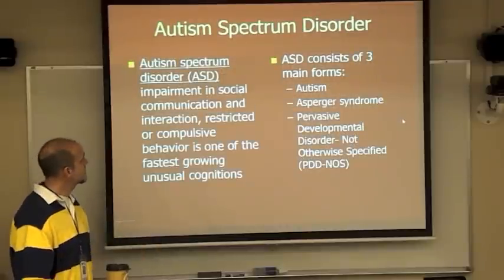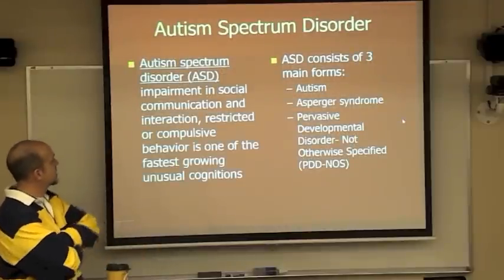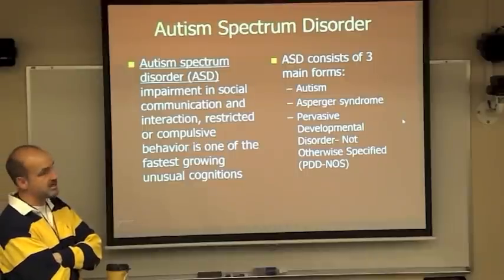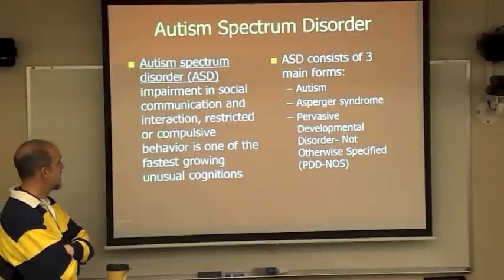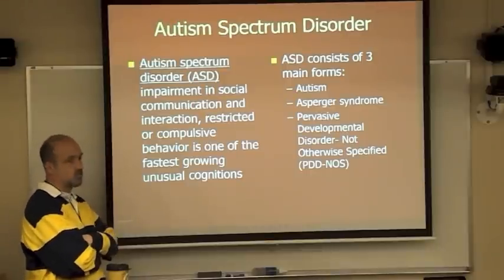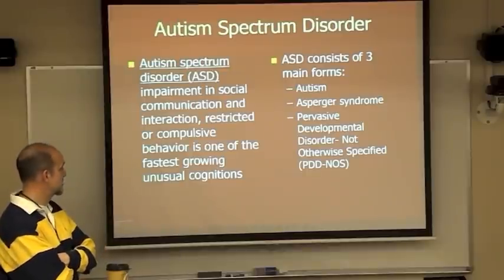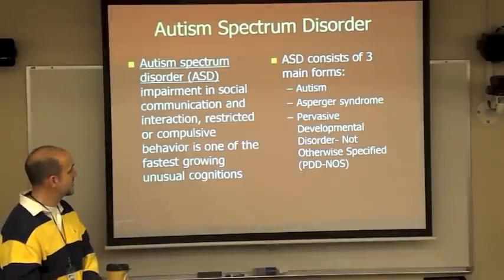Now, autism spectrum disorder is one of the things that is most studied today. And it consists of 3 main forms: autism, Asperger's syndrome, and pervasive developmental disorder, not otherwise specified. And in terms of the spectrum, there's a range of different reactions, all of which can have different symptoms.